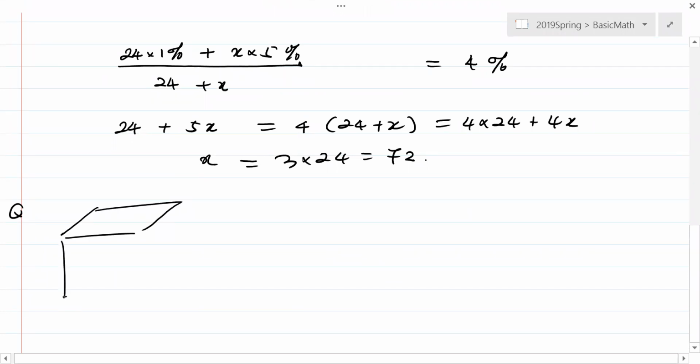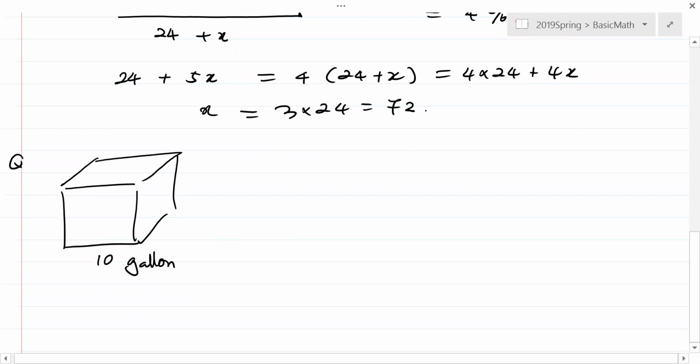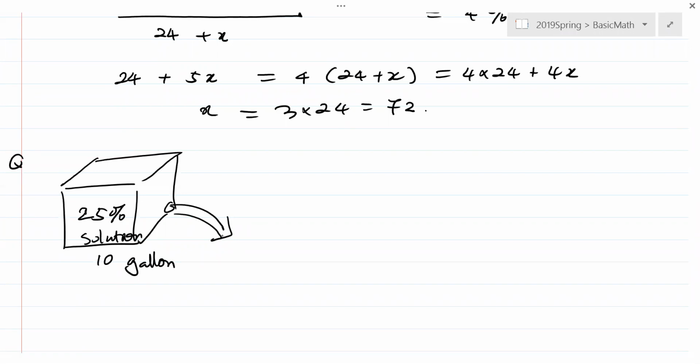You have a container, a 10-gallon container, and it's full of 25% solution. The container must be full. I want to increase the concentration. How do I do that? I have to get rid of some and then replace it by a solution with high concentration.